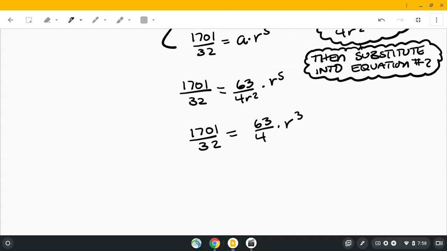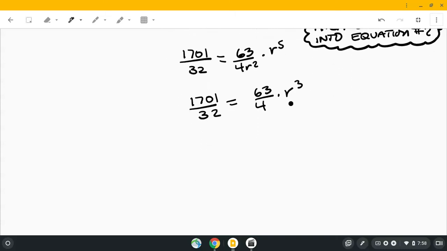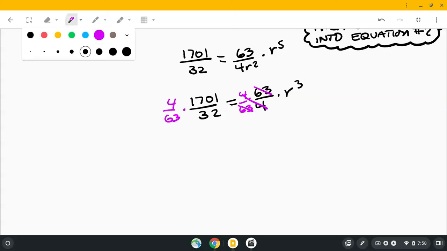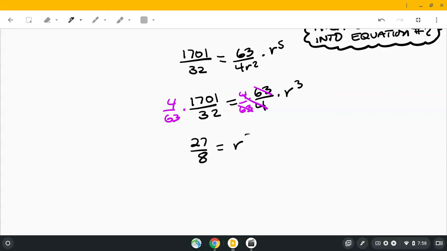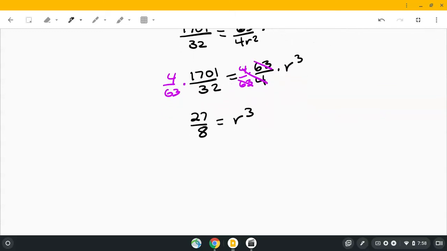All right, let's get the r cubed by itself. Okay, so we need to solve for r. So let's get the r cubed by itself. So I'm going to go ahead and multiply by the reciprocal, 4 over 63. That way they cancel, and that way they cancel. But what I do to one side, I have to do to the other. And then it turns out that this reduces to 27 over 8 equals r cubed.